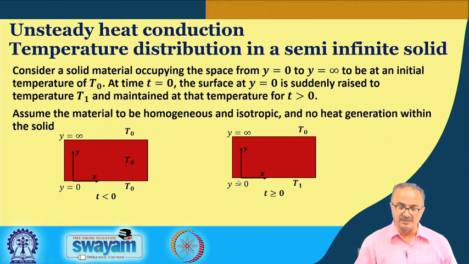In this problem it is raised to T1 and maintained at that temperature for time more than 0. We have to assume the material to be homogeneous and isotropic, so that we can assume a single value of the solid property, and no heat generation within the solid.